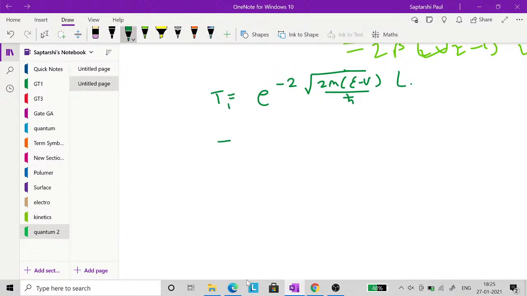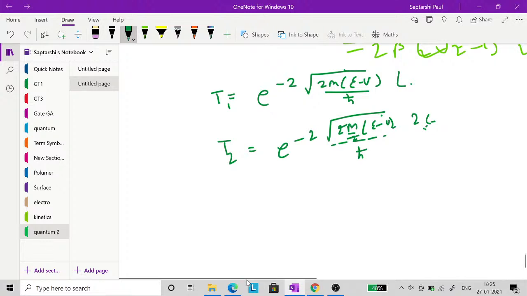So this is T1, and T2 will be equal to e to the power minus 2, root of 2 into m by 2 into (E minus V), by h cross 2L. This gets cut, 2L. There's a 2 outside, right?